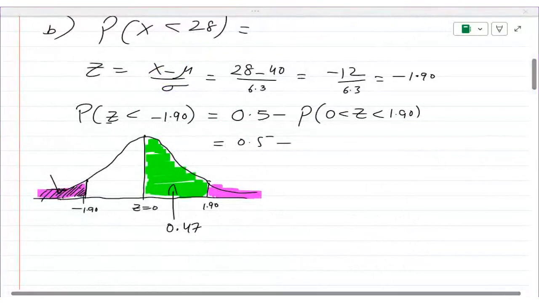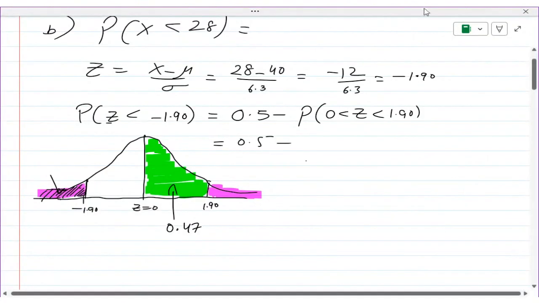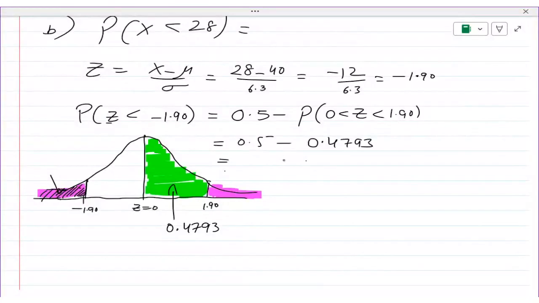So 0.5 minus 0.4793, which is 0.0207. So this is the answer.